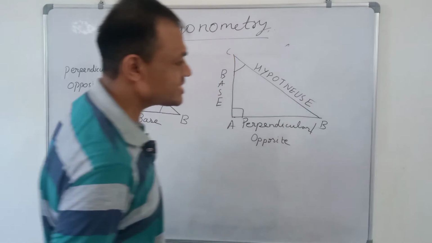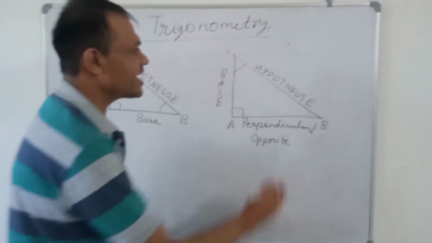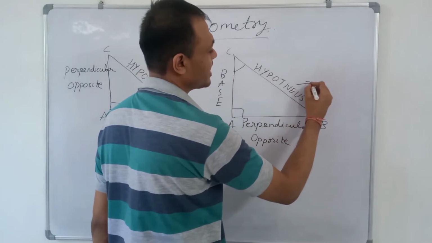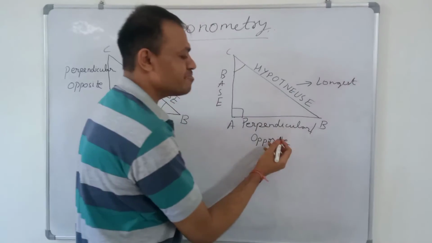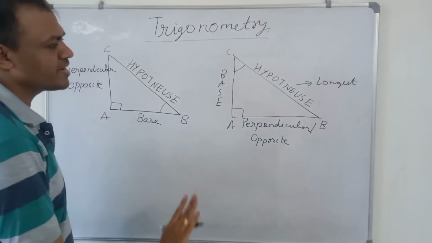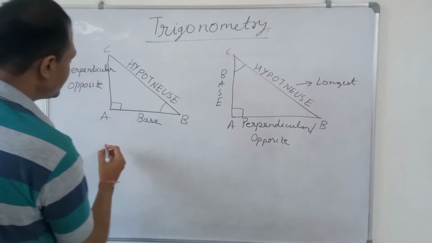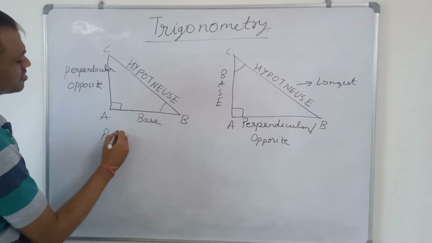Hypotenuse is the longest line of a right angle triangle. Base and perpendicular are shorter than the hypotenuse.